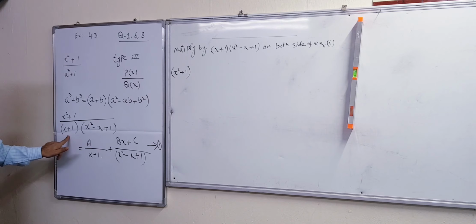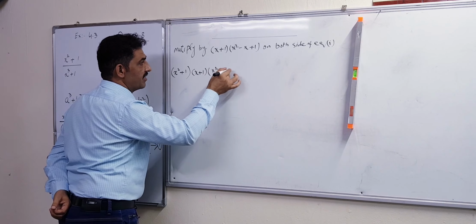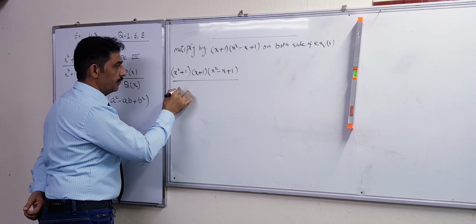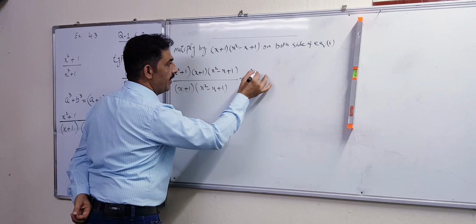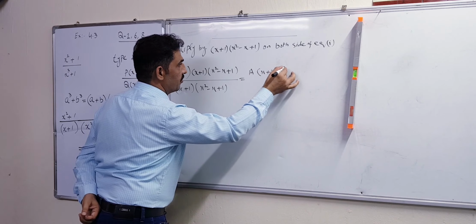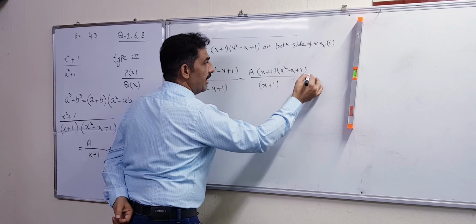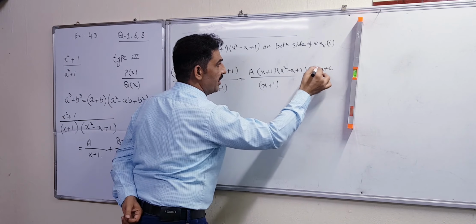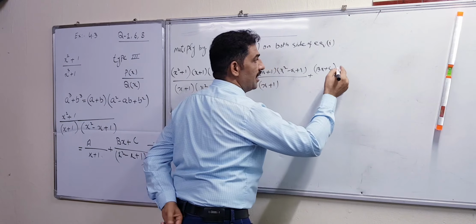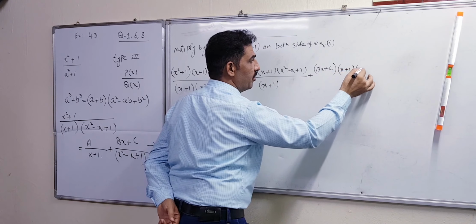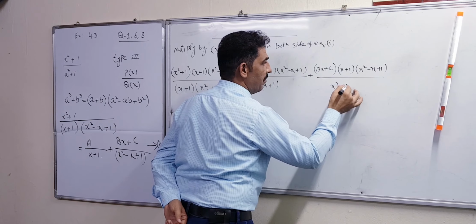We are multiplying by x plus 1 into x square minus x plus 1, over x plus 1 into x square minus x plus 1, is equal to A into x plus 1 into x square minus x plus 1 over x plus 1, and here plus Bx plus C. You have to apply the bracket here, don't write it directly, Bx plus C. So multiply by x plus 1 into x square minus x plus 1 over x square minus x plus 1.